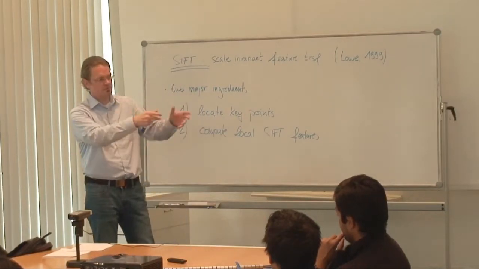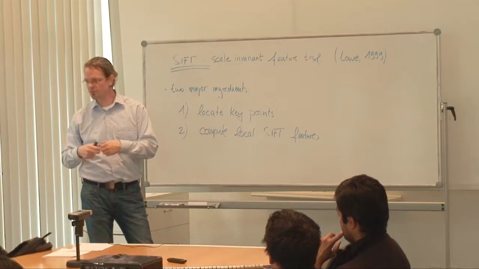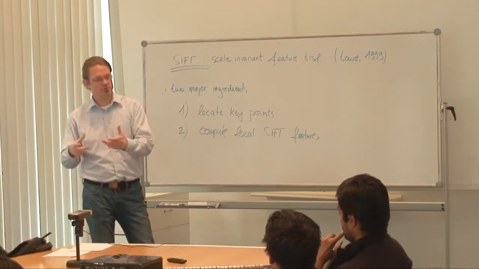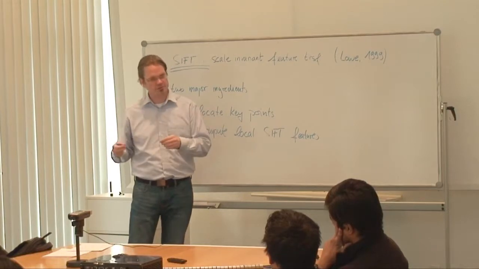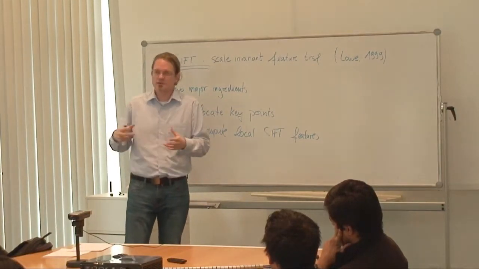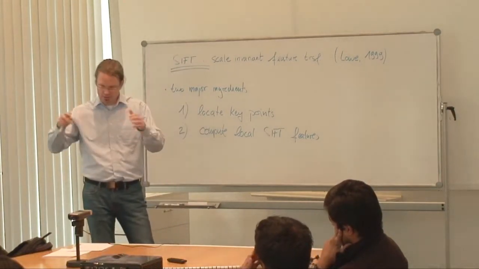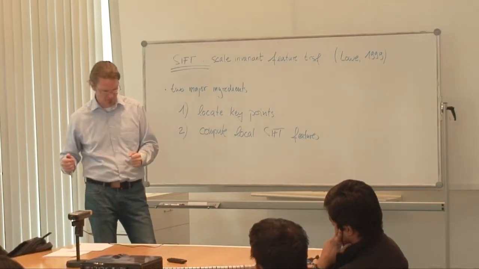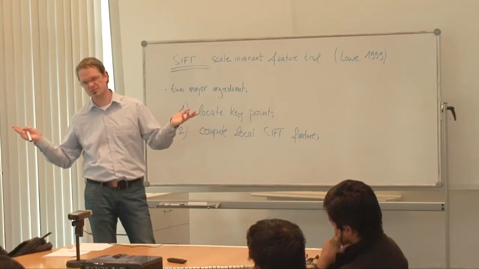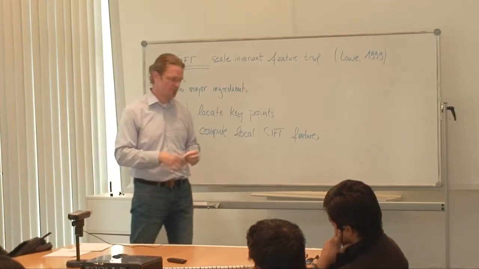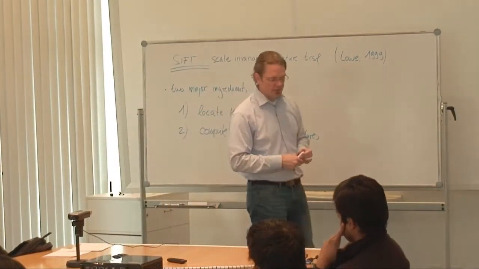Could be, for instance, the mean value of a set of numbers is a feature of that set of numbers. The smallest number is a feature of that set of numbers.